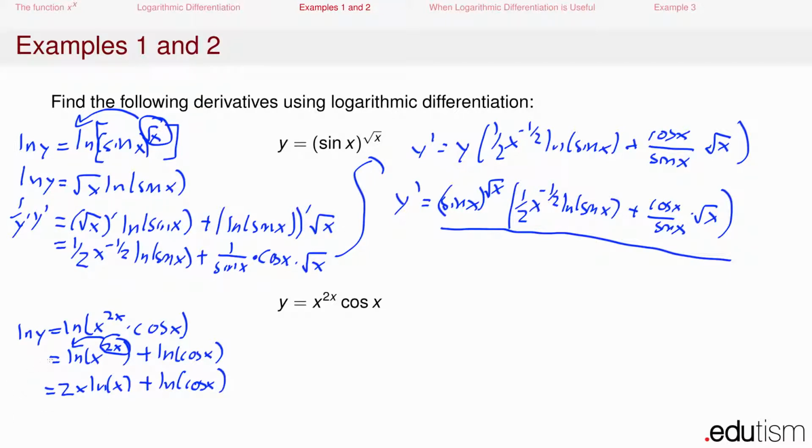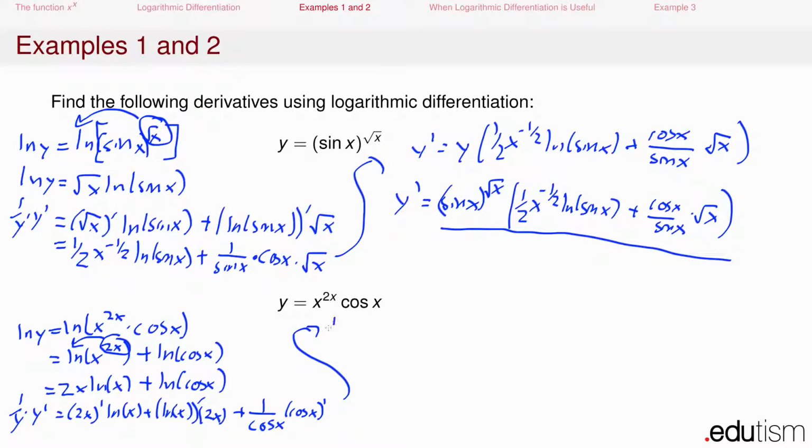Next we need to take the derivative of both sides of the equation. The derivative of ln y is going to be 1 over y times y prime. To take the derivative of 2x times ln of x, we're going to take the derivative of 2x times ln x plus the derivative of ln x times 2x. And to take the derivative of ln of cos x, we're going to have 1 over cos x times the derivative of cos x.